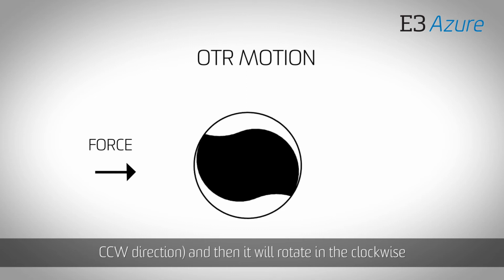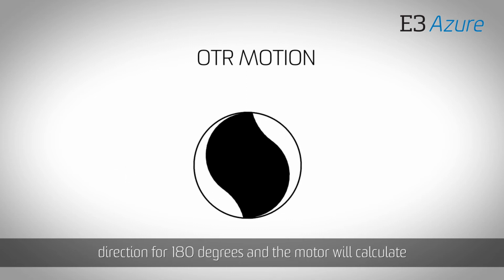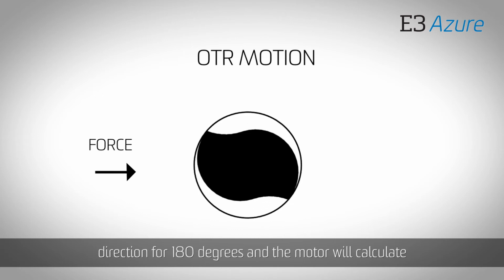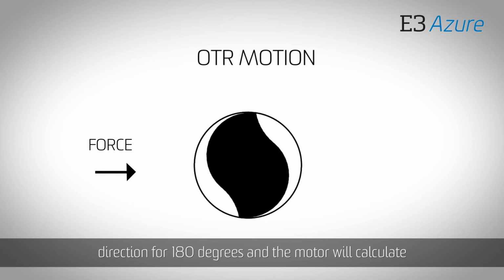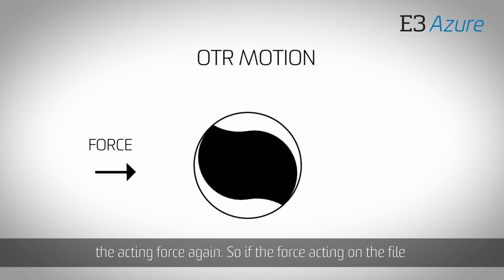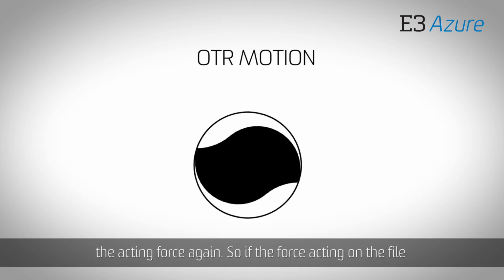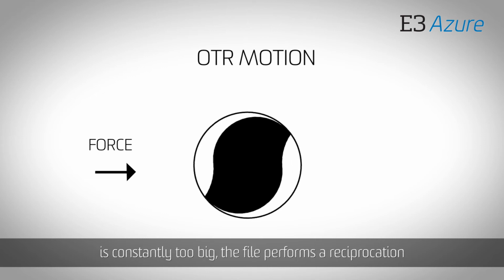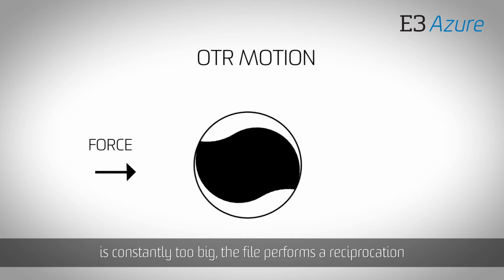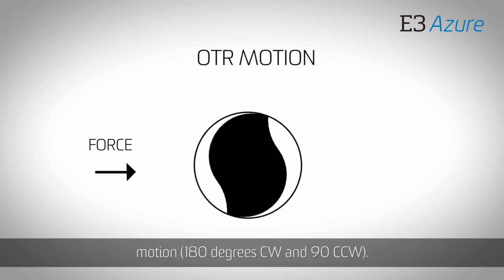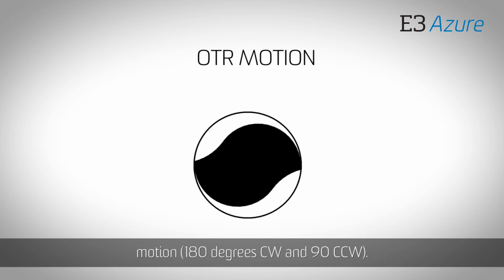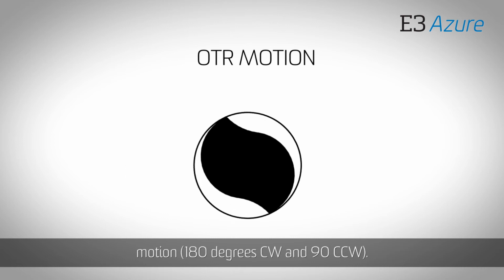And then it will rotate in the clockwise direction for 180 degrees, and the motor will calculate the acting force again. So if the force acting on the file is constantly too big, the file performs a reciprocation motion, 180 degrees clockwise and 90 degrees counterclockwise.